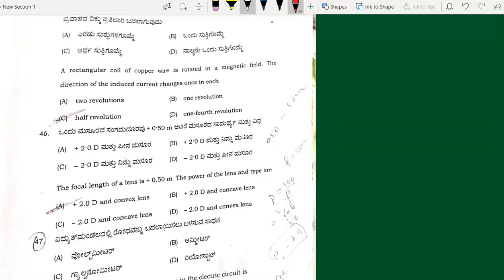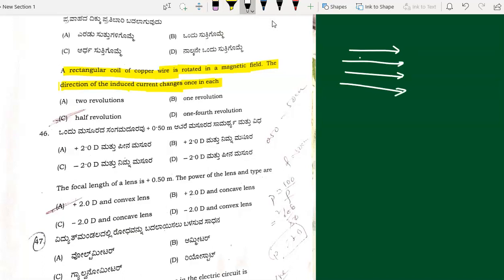See here, the rectangular coil of copper is rotated in a magnetic field. The direction of the induced current changes in each. See, suppose there is a magnetic field like this. If you take this rectangular coil, here the magnetic field is different at different points. So the current will be induced here because of the difference in the magnetic field.